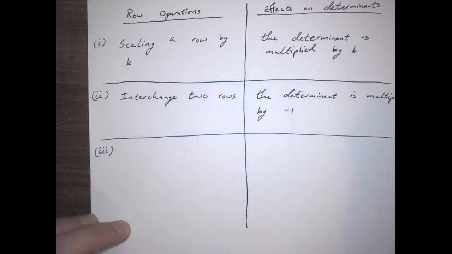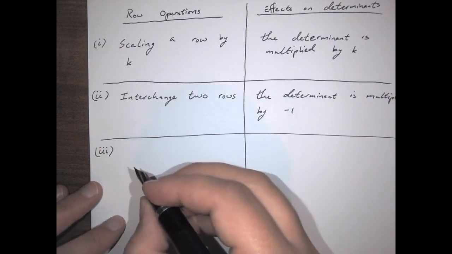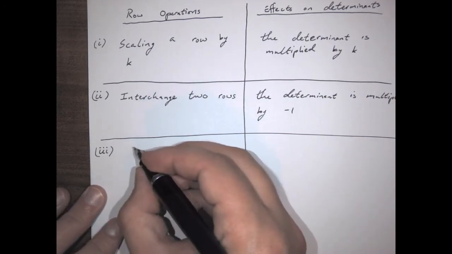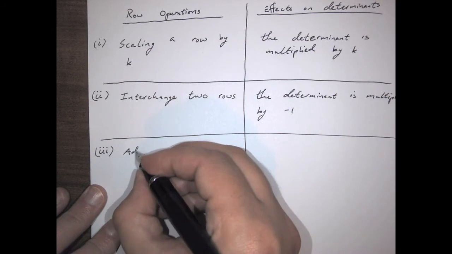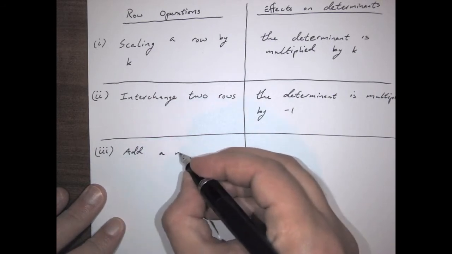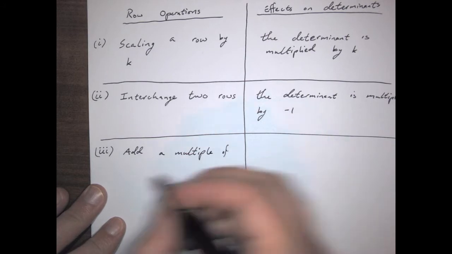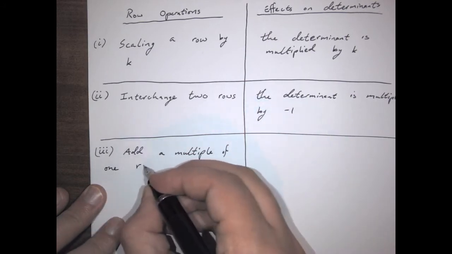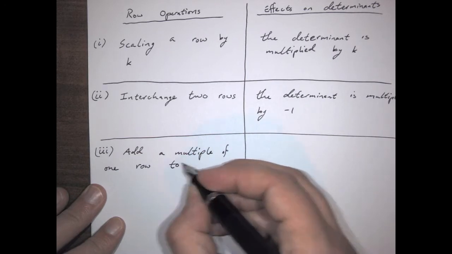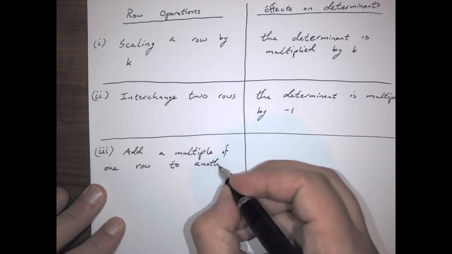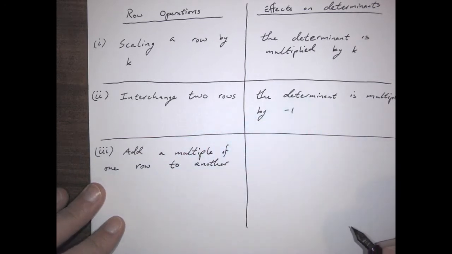And then thirdly, the classic add a multiple of one row to another. Now this one has the most surprising effect on the determinant.